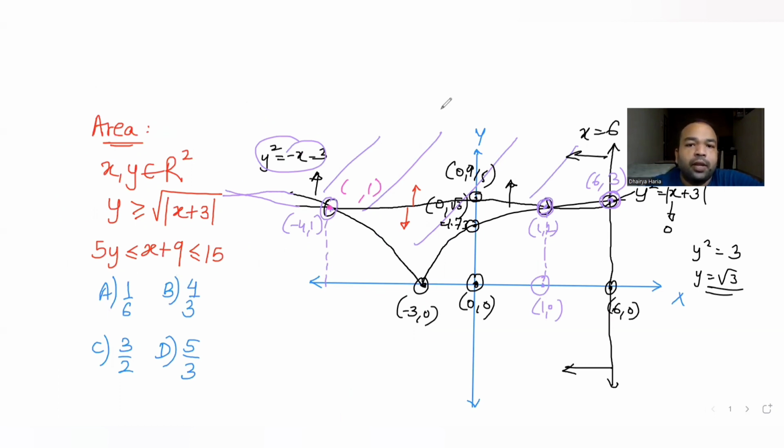So let's plot this now. I'll erase these curves. So we know already from the first two parabolas that it's going to be above the parabolas, and the other line told us that this is going to be to the left.